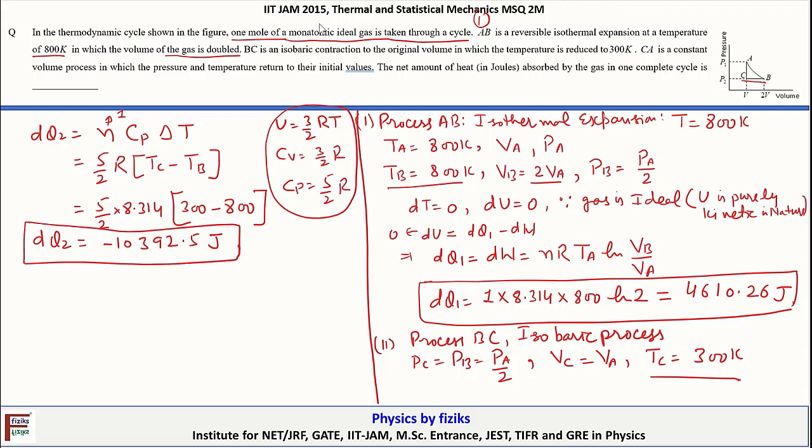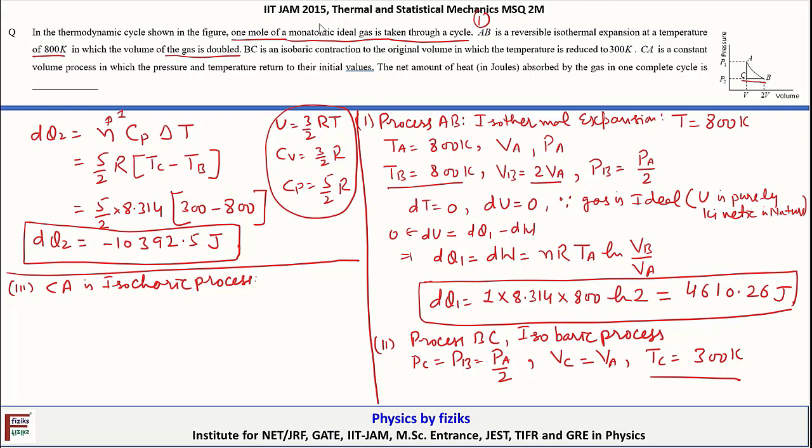Now the heat energy exchanged during the final step, which is C to A. This is the third process, and C to A is an isochoric process, so it is taking place at constant volume.